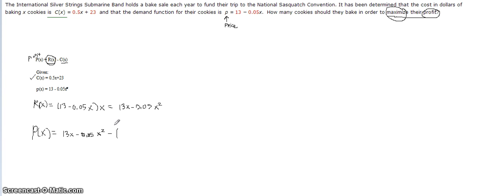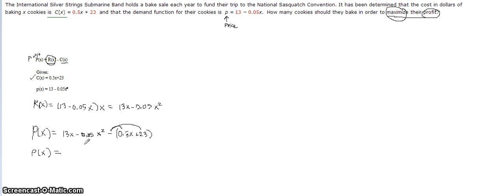We have to subtract the whole cost, so I'm going to put it in parentheses so that I remember that I'm not only subtracting the 0.5x, but I'm also subtracting the 23. So I have to remember to subtract both of those. After I do that, I'm going to come up with this profit function.